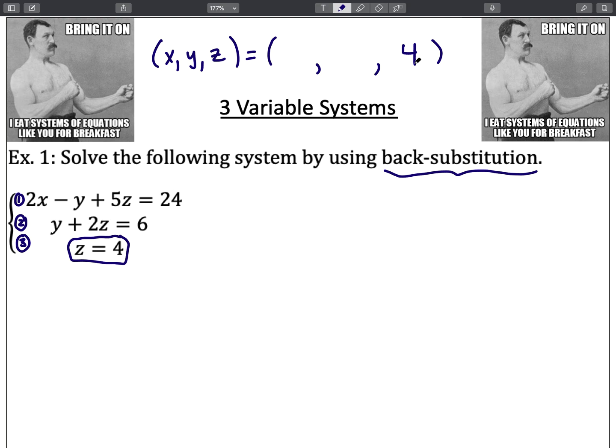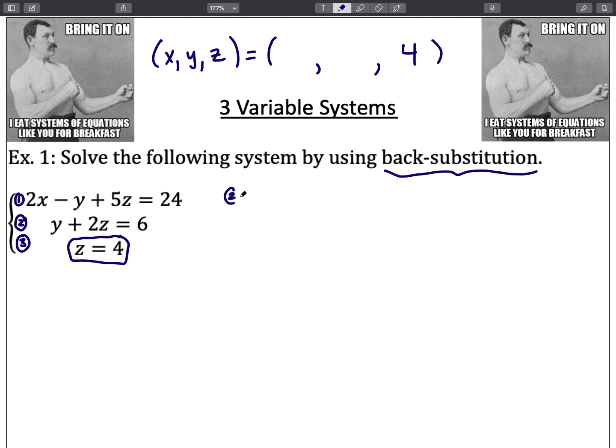Now what I can do is take what I know about z equals 4 and back substitute it into one of the other equations. Would it make more sense to plug it into equation number 1 or equation number 2? I would say plug it into equation number 2. Notice in equation 2, there are y's, there are z's, but there are no x's. So if I know what z is, I could substitute it into equation number 2 and then solve for y, because y is the only other variable.